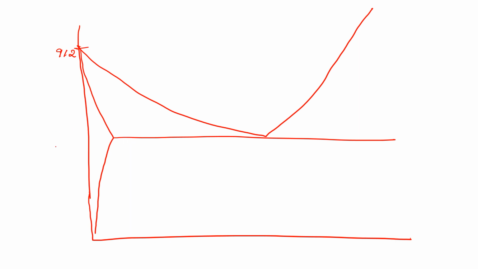And this transformation happens from alpha, and this is gamma phase, if you remember, alpha plus gamma. And this part we are considering that it's a pure cementite phase, and this is the eutectoid point, okay, and this is our alpha, this Fe3C phase.